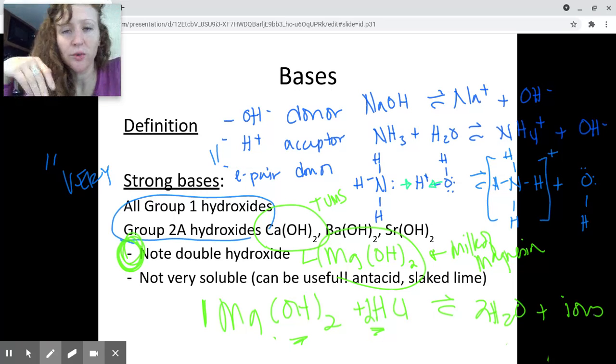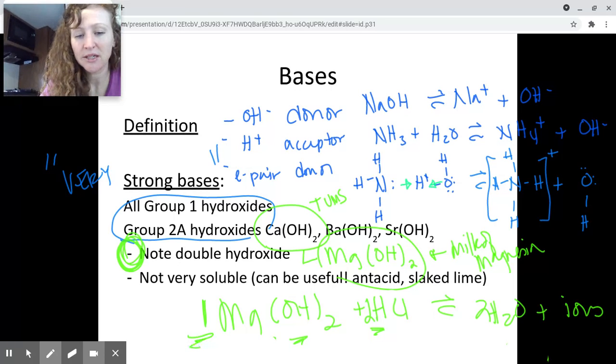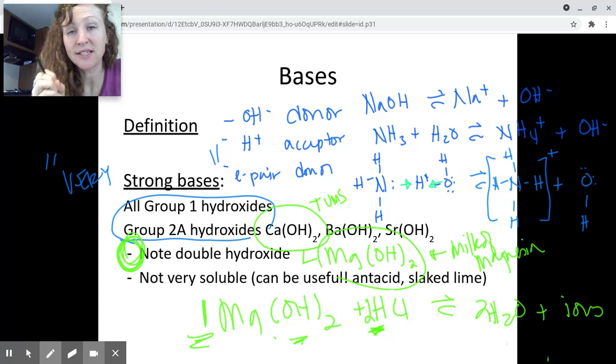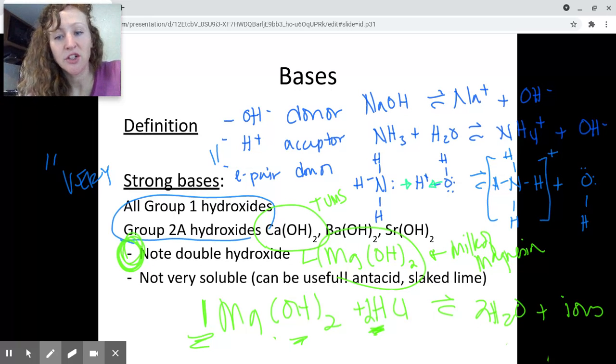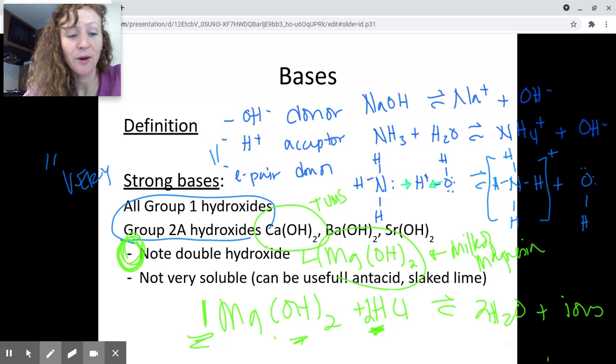All of a sudden, your reaction's not 1-to-1-to-1 anymore, right? Because that base gives off all of its hydroxide at the same time, and you need enough hydrogens to react with all of those hydroxides. So bases are messier than acids, but you can still deal with them as long as you're thinking about the context as you go.